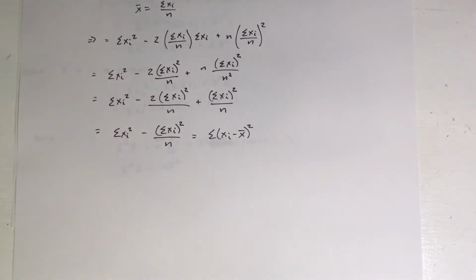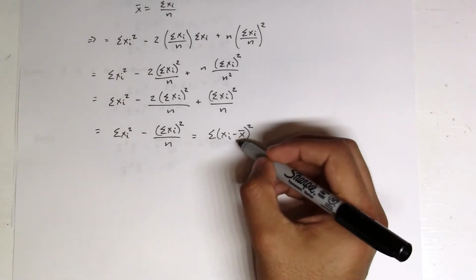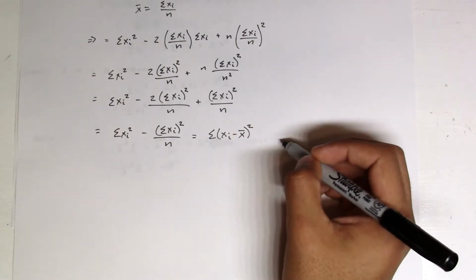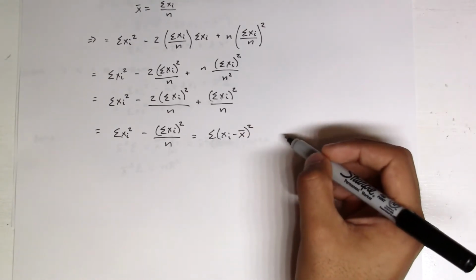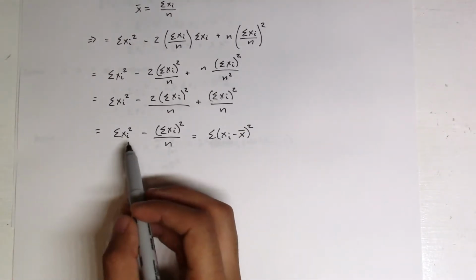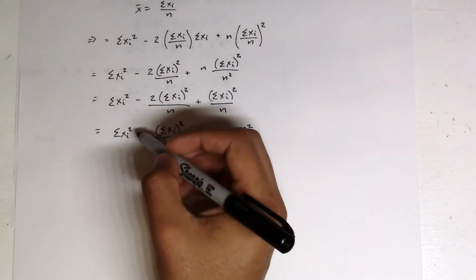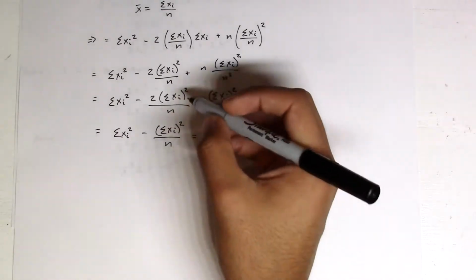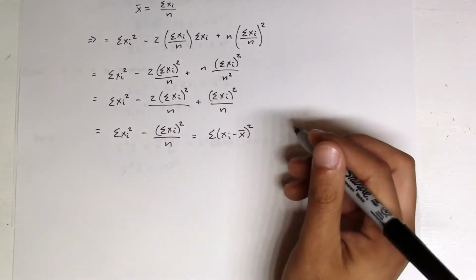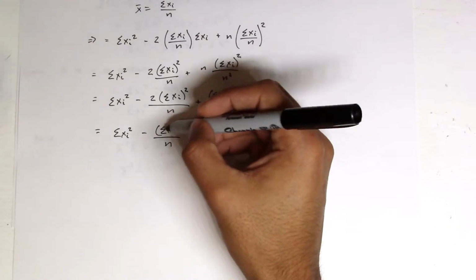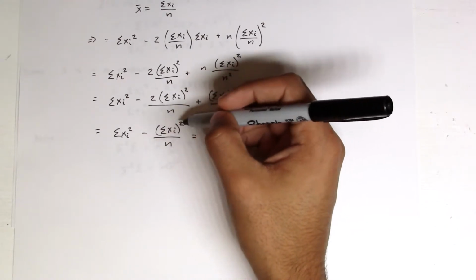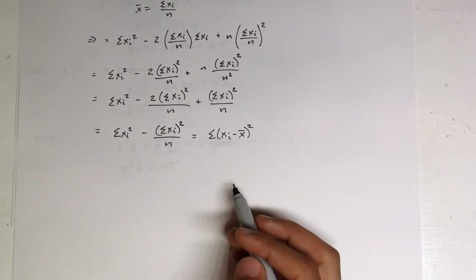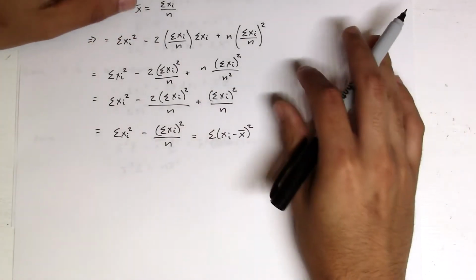Why I was saying that this is computationally easier by hand is that in this way you have to do the deviation, square it, and go to the next point, do the deviation, square it, and do the next point, and so on. This way you only have to do one sum. You take the square of all x values, add those up, which I think is more straightforward and less tedious than doing this. Then you add up all the x values, square it, and divide by the number of data points that you have, or how many x values you have.